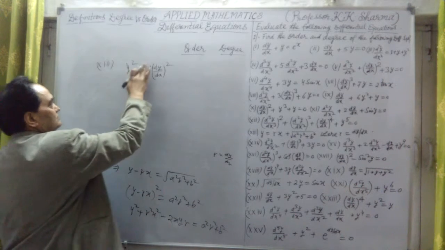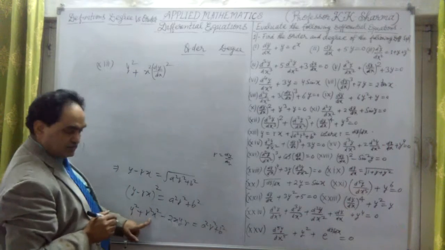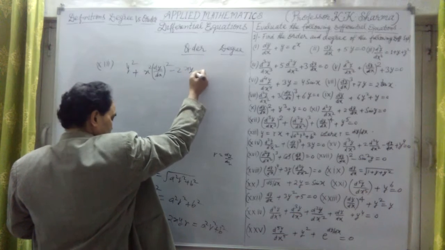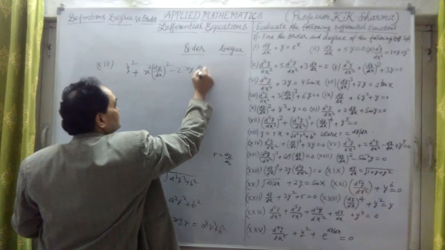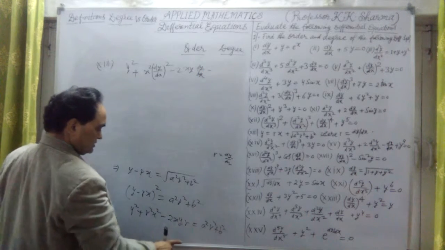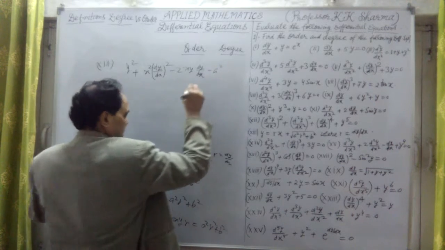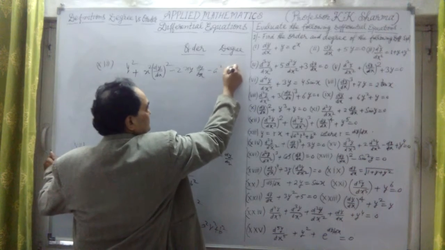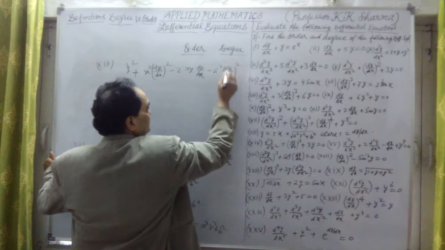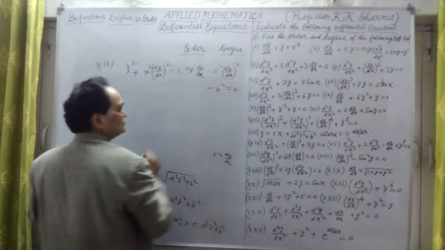So y square plus x square into d y by d x whole square minus twice x y into d y by d x. If I take these two terms to this side, it will be minus a square into r square, that was d y by d x whole square, with a negative sign here. Minus b square equal to 0.